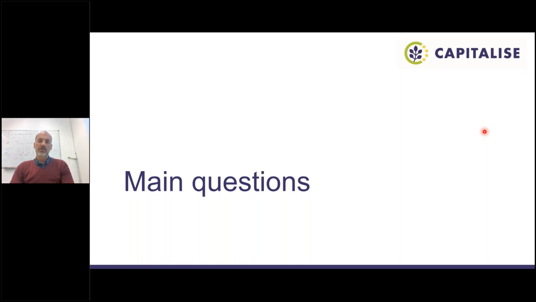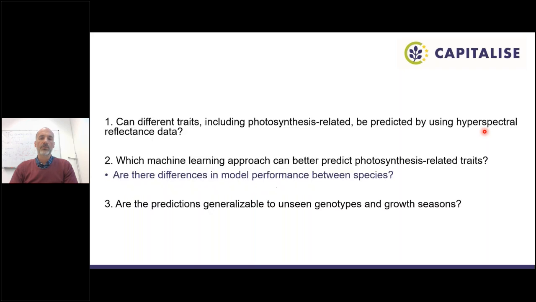The main questions that I will try to address in today's presentation are threefold. The first is, can we actually predict different traits, including photosynthesis related traits, by using hyperspectral reflectance data? The second question is mostly related to methodology, because we want to understand if this can be done by using machine learning approaches, which machine learning approaches outperform others, and do we have any differences between species?